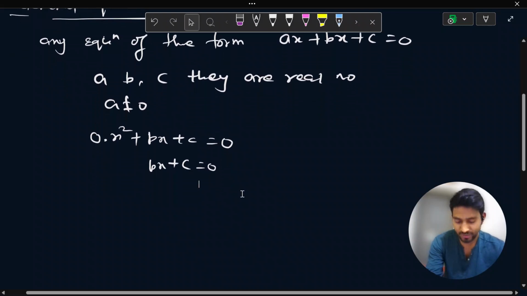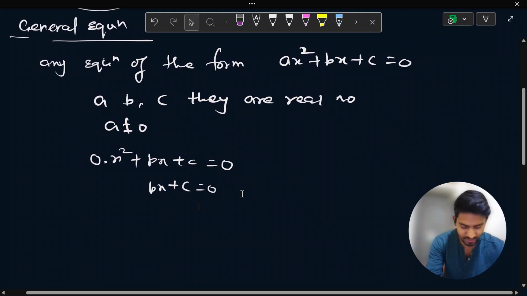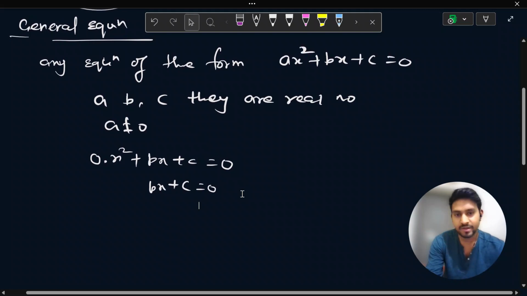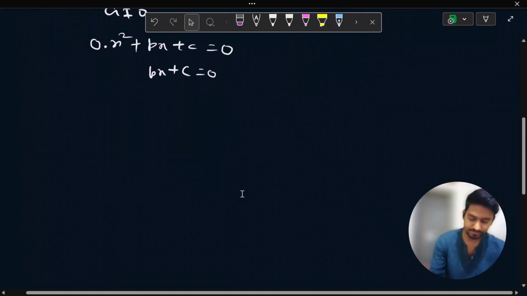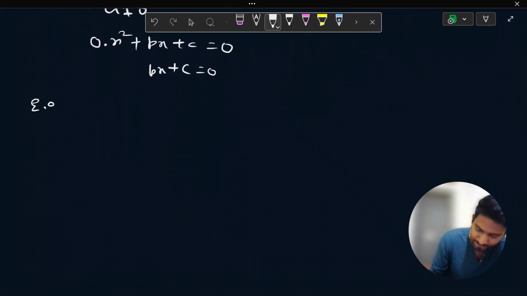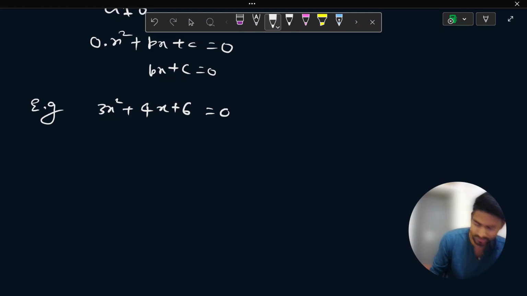So you have to keep in mind that a cannot be 0, b can be any number, and c can be any number. This ax square plus bx plus c equal to 0 is the general form of any quadratic equation. For example, 3x square plus 4x plus 6 equal to 0. You can call it a quadratic equation.